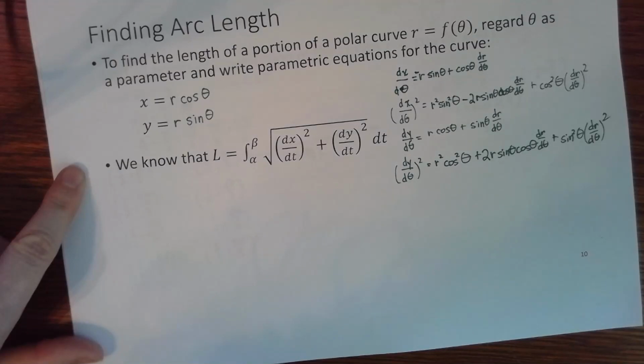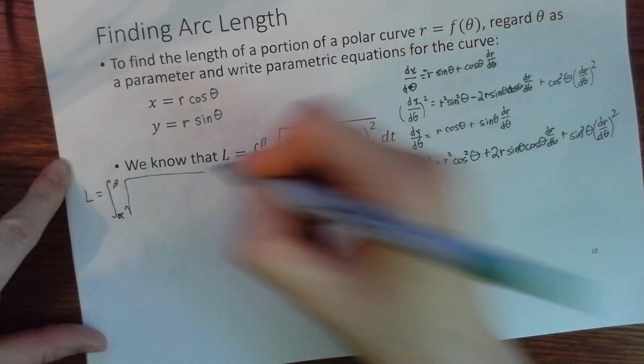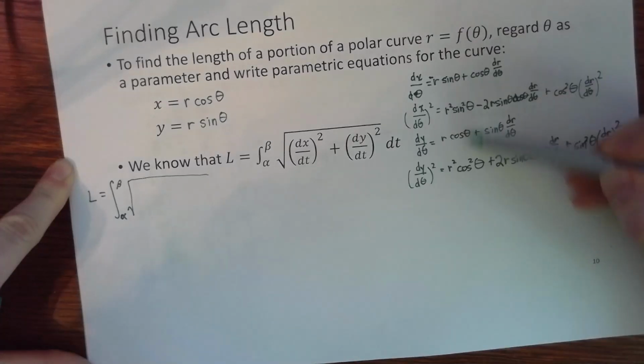Okay, and so if we want to find the arc length, that will be the integral from alpha to beta of the square root, and then we want to add these two, so (dx/dθ) squared plus (dy/dθ) squared.